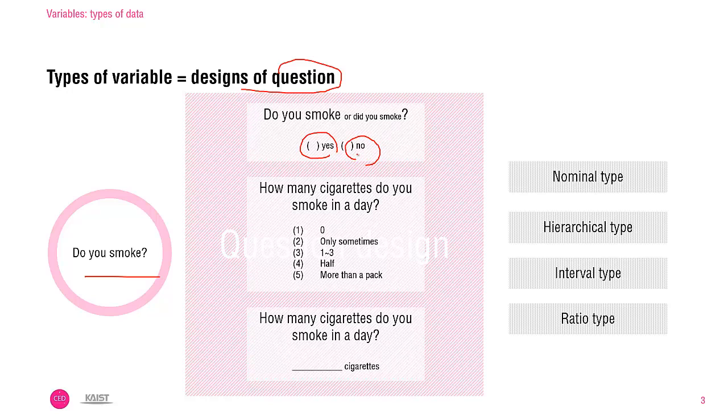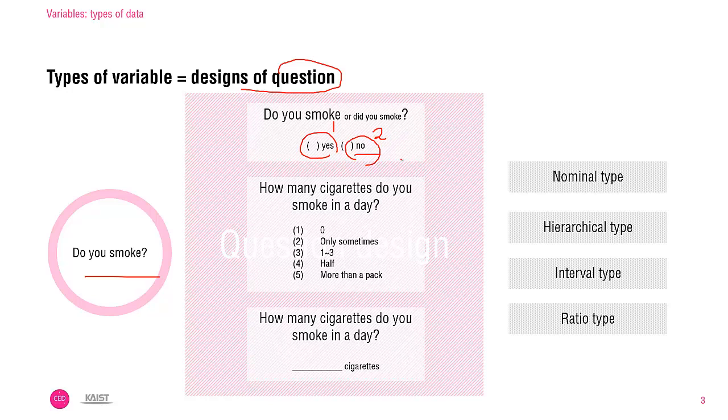You can code yes as 1, no as 2 when you give input in your Excel sheet or SPSS data sheet. But the numerical conversion, yes to 1 or no to 2, has no numerical interpretation.